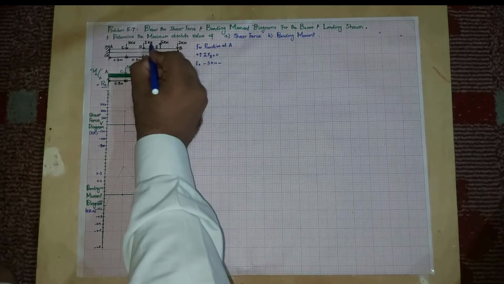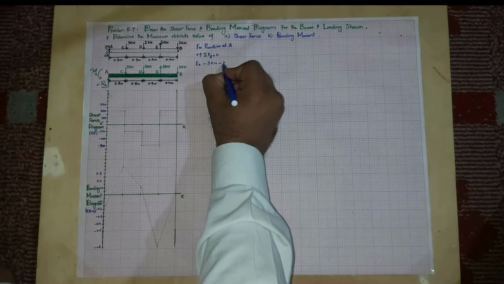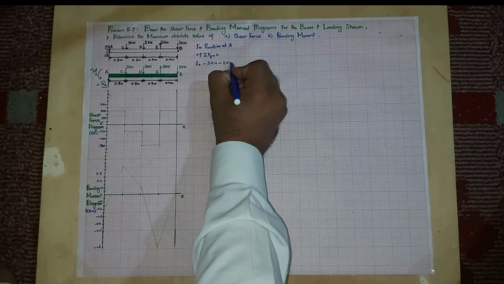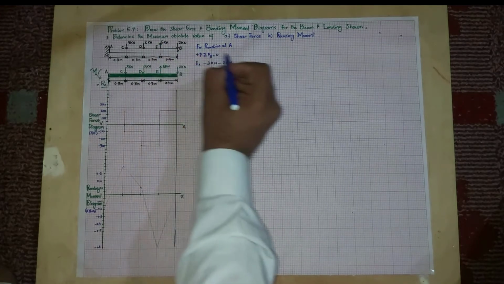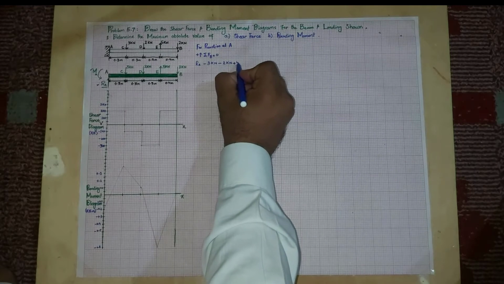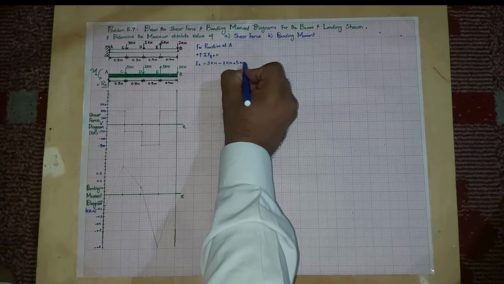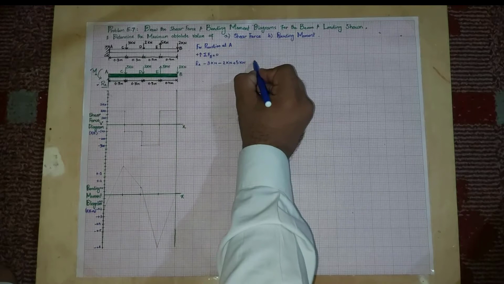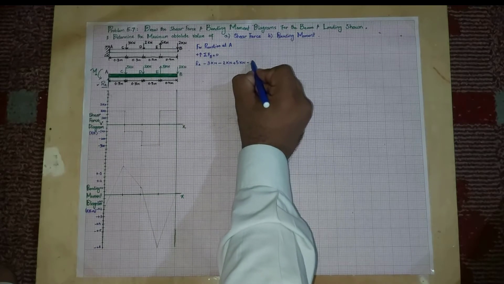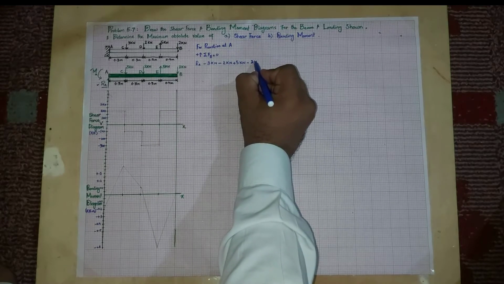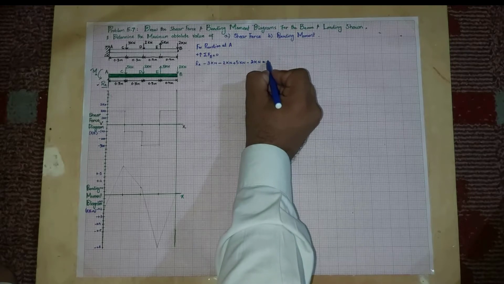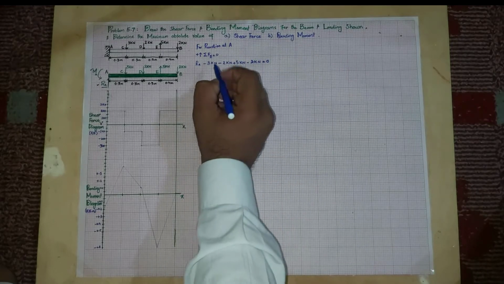There is also another force at point D which is 2 kilonewton downward, so minus 2. There is an upward force of 5 kilonewton, so plus 5 kilonewton, and a downward force of minus 2 kilonewton. Their sum must be equal to 0.